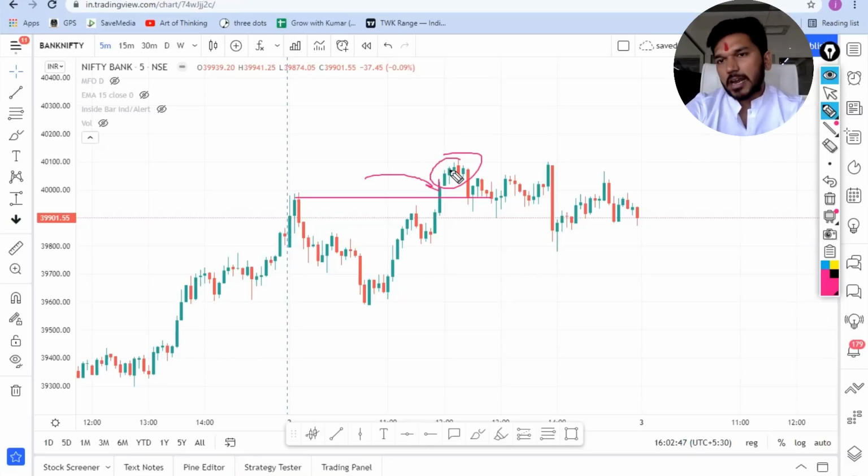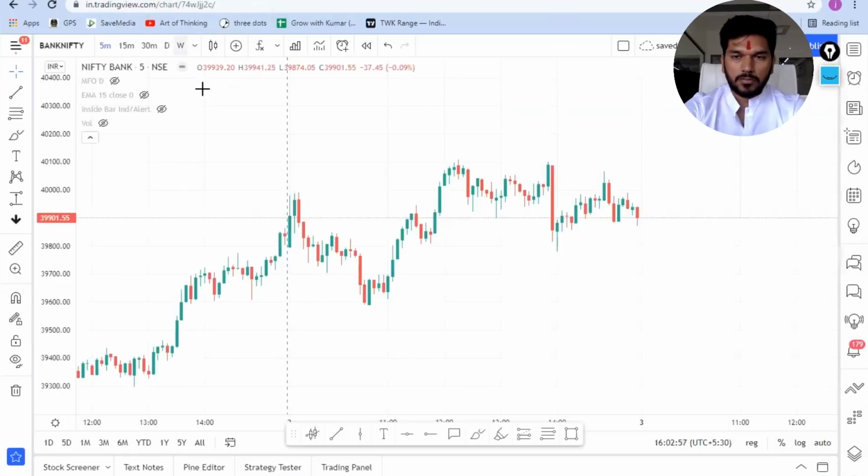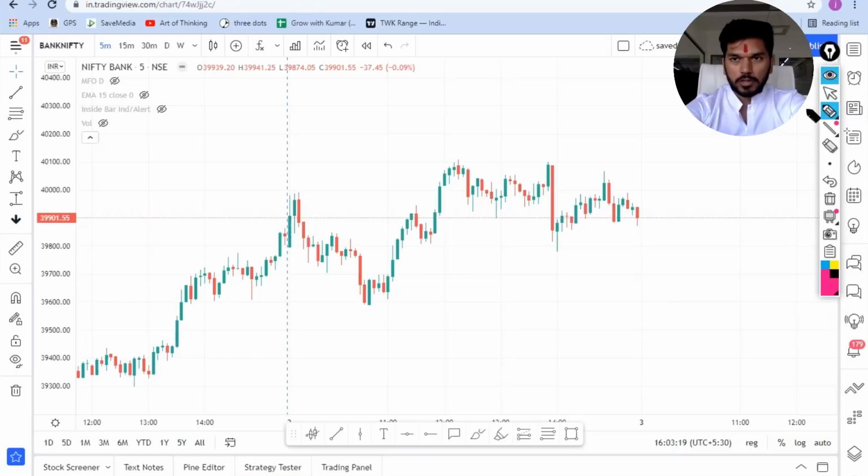First of all, I'll take you through the positions which you can see over here. We have a decent profit on a capital of 2 lakh. Going forward, we are going to deploy a small capital and take some trades such as options buying and option selling, and we'll try to learn execution. We will try to learn when to buy options, when to sell options, and a lot more going forward.